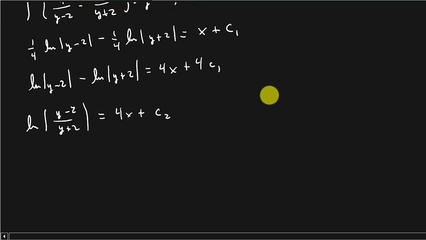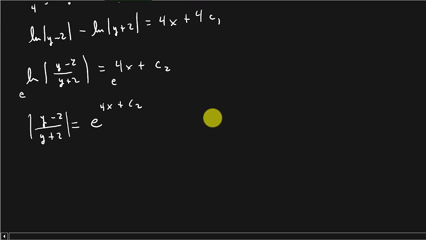And so let's raise each side, or let's do e raised to each side. So if I put an e here and an e here, that's going to give me y minus 2 over y plus 2 is equal to e to the 4x plus c2. Okay, and we got our absolute value here.